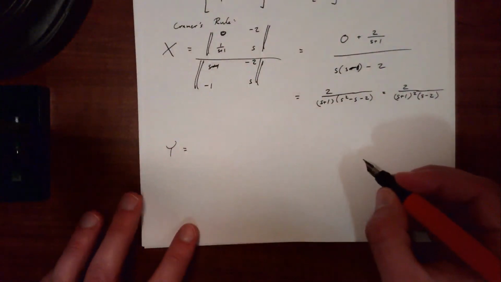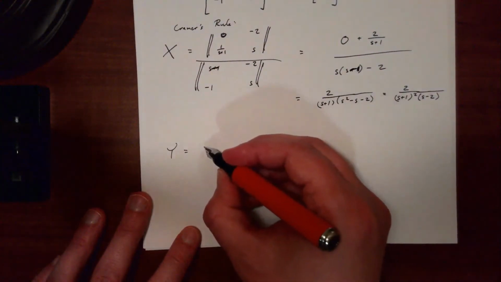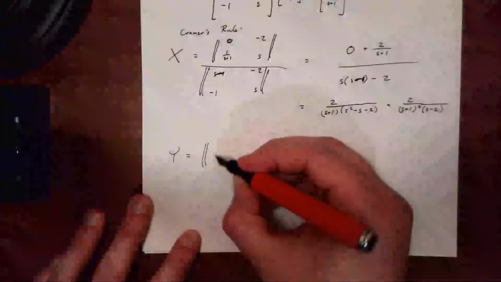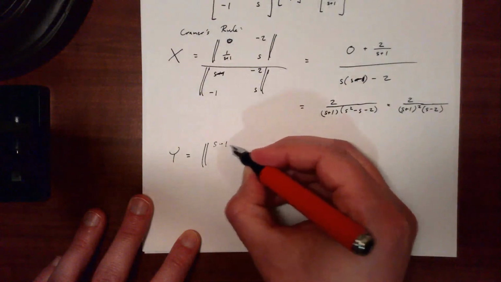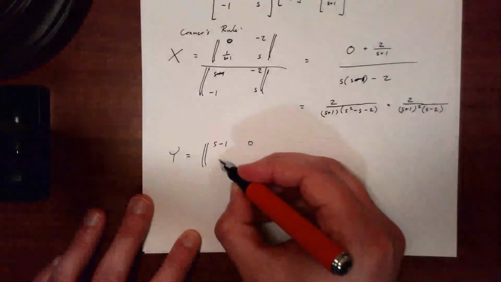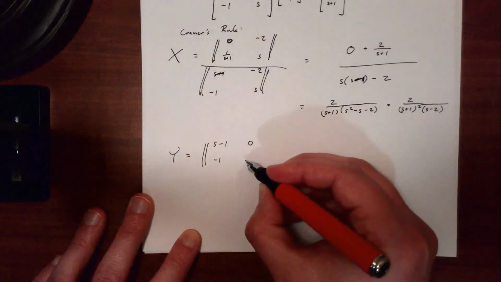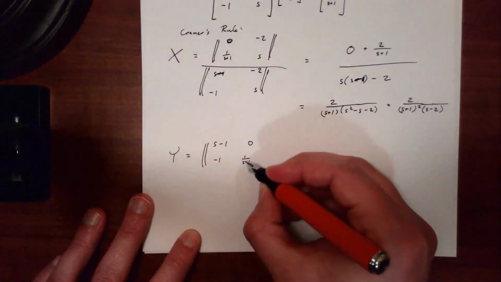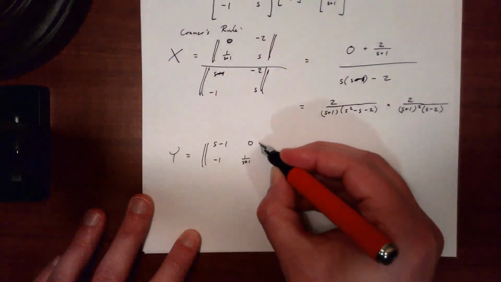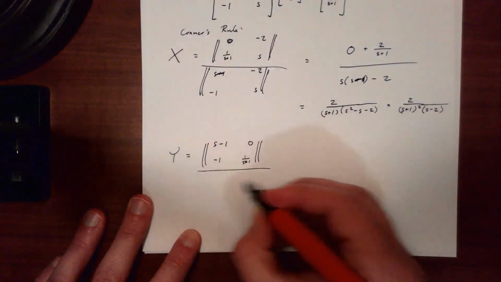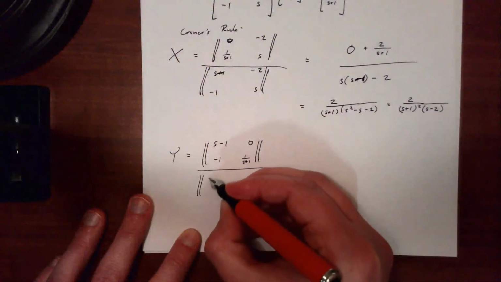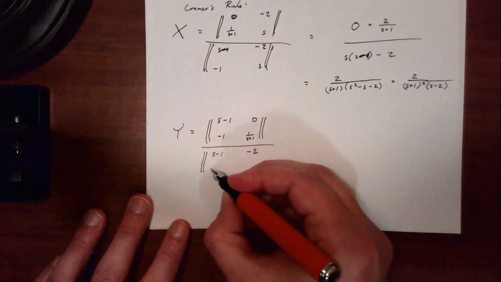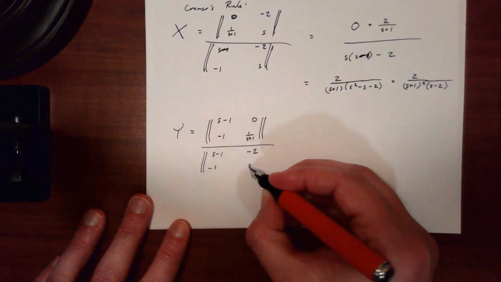Okay, how about capital Y? Same basic thing, just swapped into the second column now. So it's s minus 1, 0, negative 1, 1 over s plus 1, divided by the original, so s minus 1, negative 2, negative 1, and s.